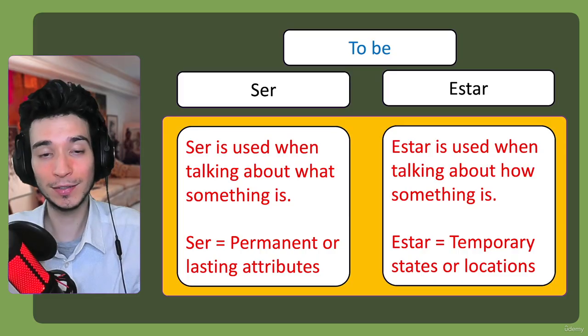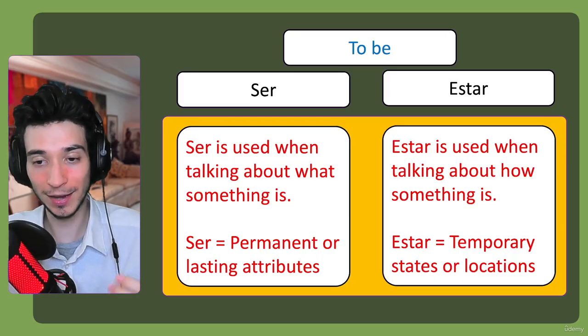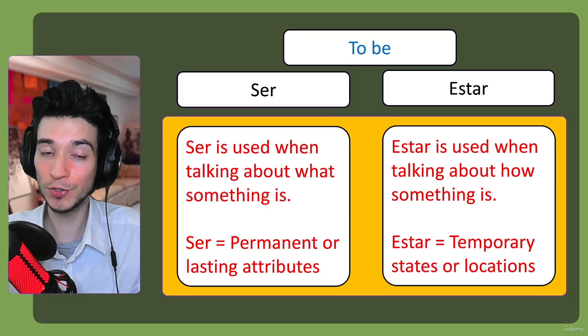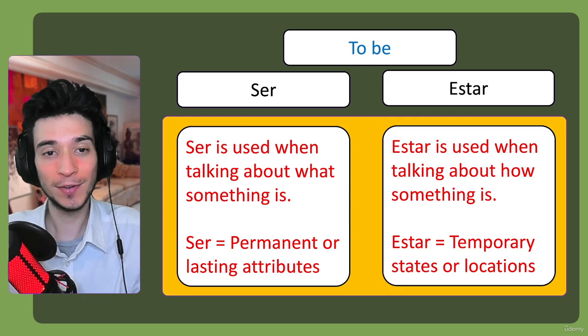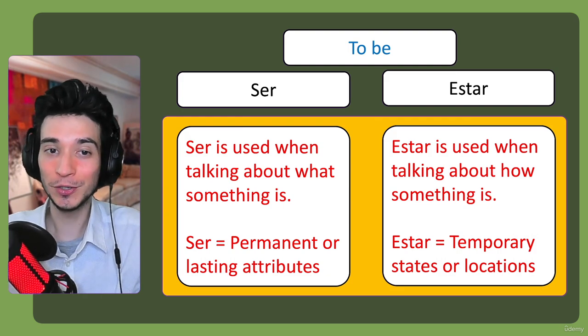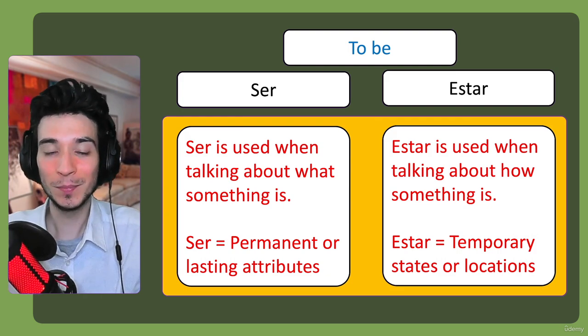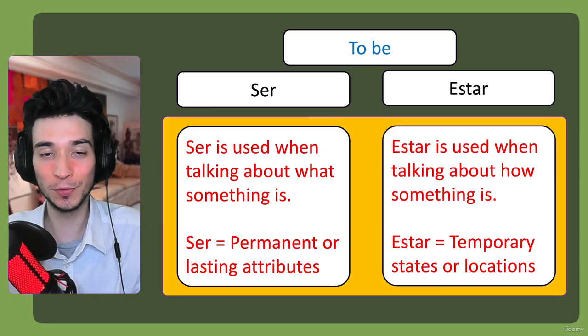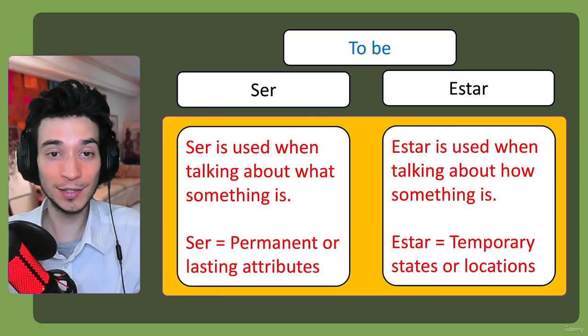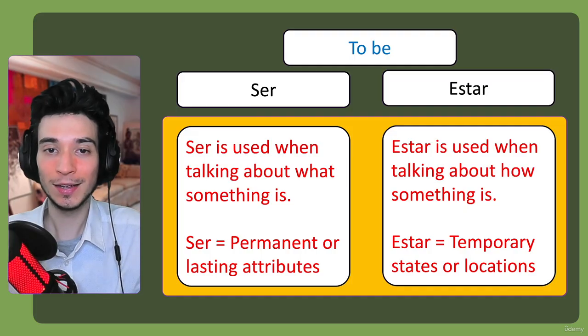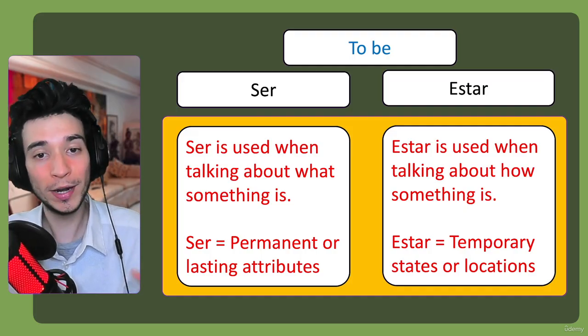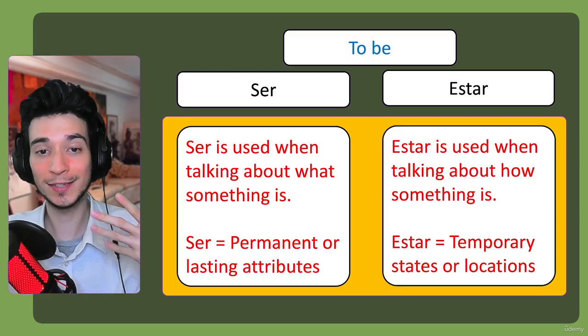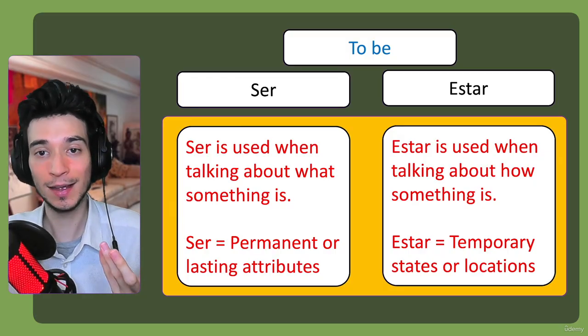This is something that a lot of people who first start to learn Spanish find quite difficult, because both of them mean "to be," and it depends on the context in which you use each of them. The easiest way to talk about this is that ser is used whenever you're talking about what something is.